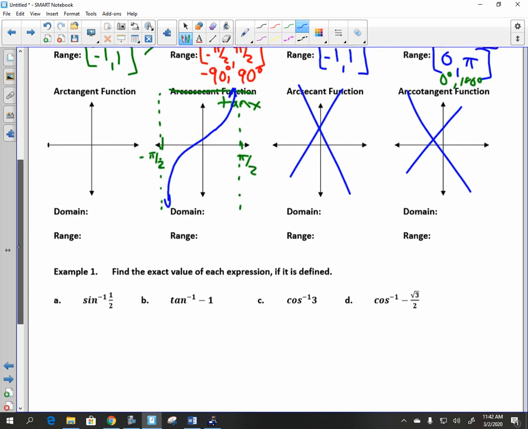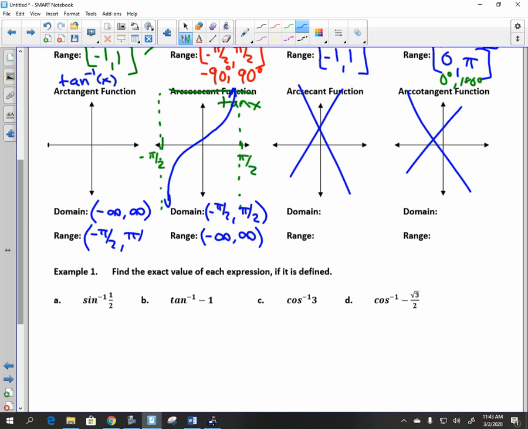And so we're going to consider that section of the graph to have a domain of negative pi over 2 to positive pi over 2, and that the range is going to be all real numbers. And so therefore, the domain for arctangent, or tangent inverse of x, is equal to negative infinity to infinity. And the range is going to go from negative pi over 2 to positive pi over 2.